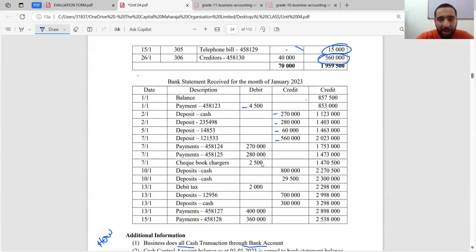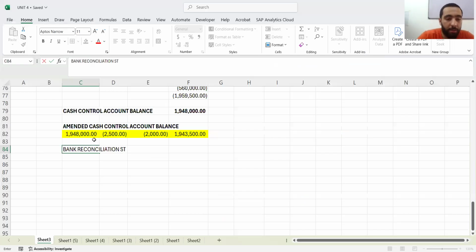Now what you're going to do? Very simple, bank reconciliation. Now I'm again going to share the Excel worksheet. Bank reconciliation statement. Very simple. And here we go.